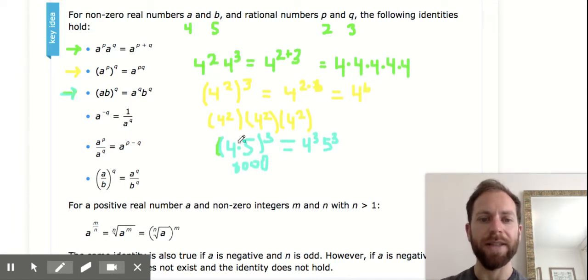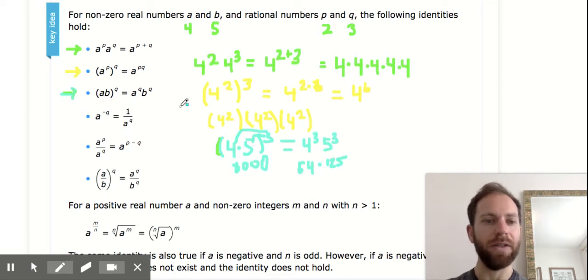It's saying that's the same as 4 to the 3rd power times 5 to the 3rd power. Remember, 5 to the 3rd power would be 125, and 4 to the 3rd power, 4 times 4 is 16 times 4 is 64. If you multiply these, you'll see that they're equal, right? It's basically saying you can break it up, like you're distributing this power to both 4 to the 3rd power and 5 to the 3rd power. So those are the first 3 identities.